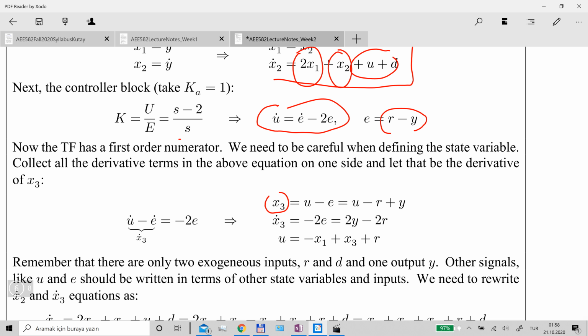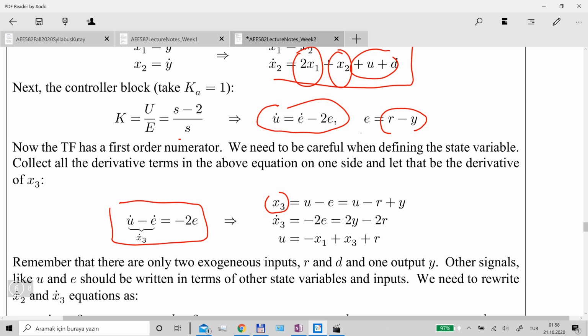Let me just keep it here for the moment. And the state equation for this third state variable is already here. So x3 dot is equal to minus 2 times e. Okay. And the output of this block is u. Now I should also write the output expression. The output expression is u is equal to x3 plus e, or u is equal to x3 plus r minus y.